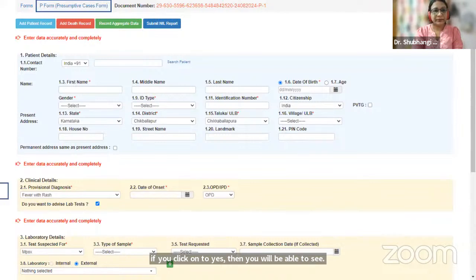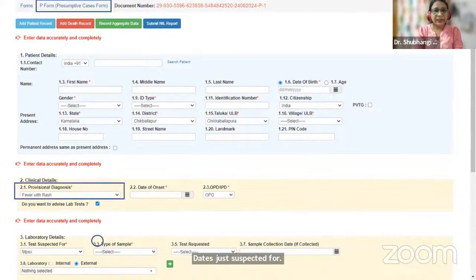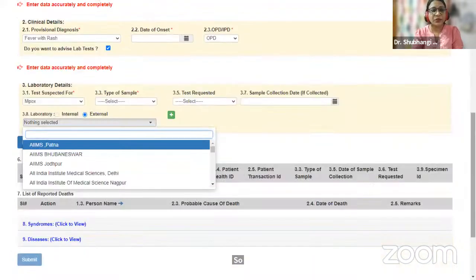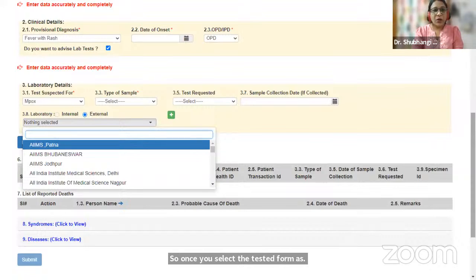Next, please. Next. In the test suspected for, there is an option for Mpox. Once you select Mpox, the laboratory option will go to external, and here all the 35 labs which we have seen so far are already listed.